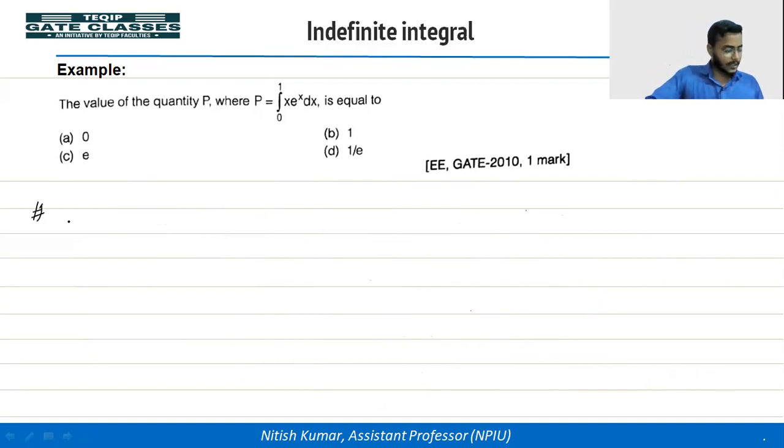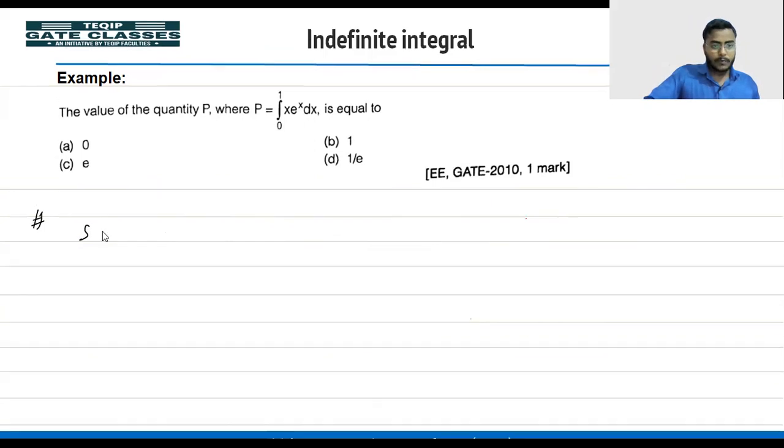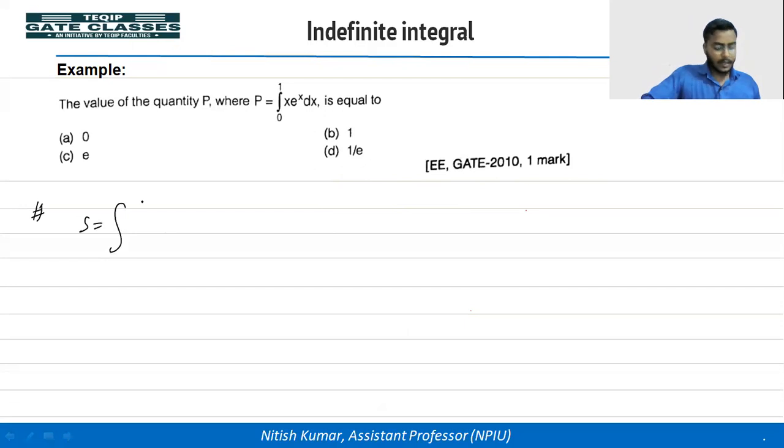Like I'm going to write s is equal to integral from 1 to infinity of x to the power minus 3 dx. Now integration of x to the power minus 3.